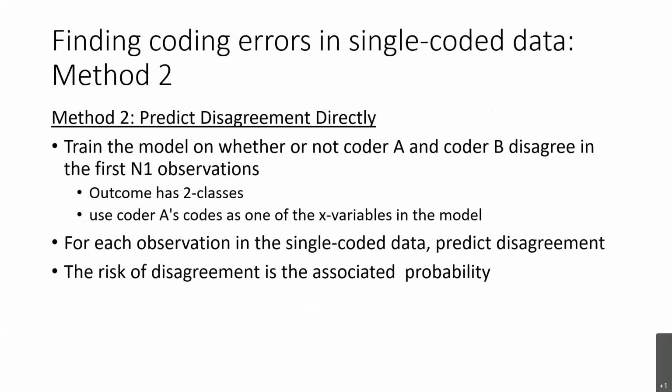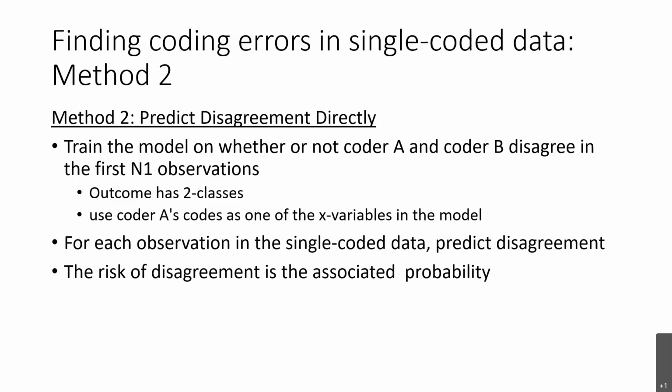Method 2. So method 1 was we predict, based on the double-coded data, the codes from coder B, we predict coder B's codes for the remaining data. In method 2, we predict disagreement directly. So rather than just concentrating on coder B, we say, well, where do we disagree in the double-coded training data?